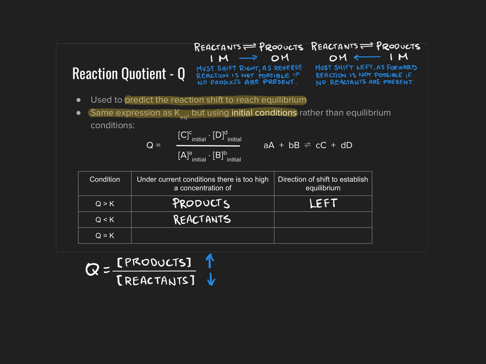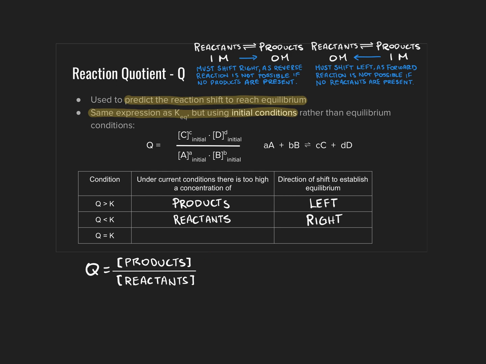If the numerator increases, the concentrations of the products would have to go up, and the concentrations of the reactants in the denominator would have to go down, corresponding to a shift of this system to the right towards the products. So in the event that Q is less than KEQ, this system would shift towards the right in order to establish equilibrium.